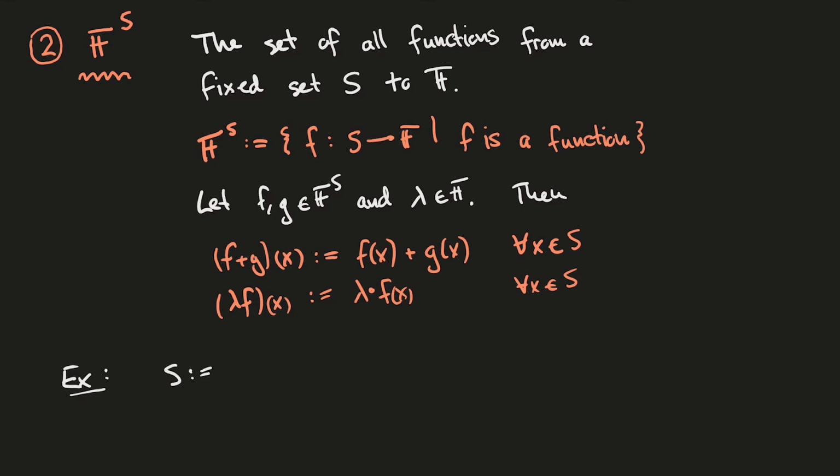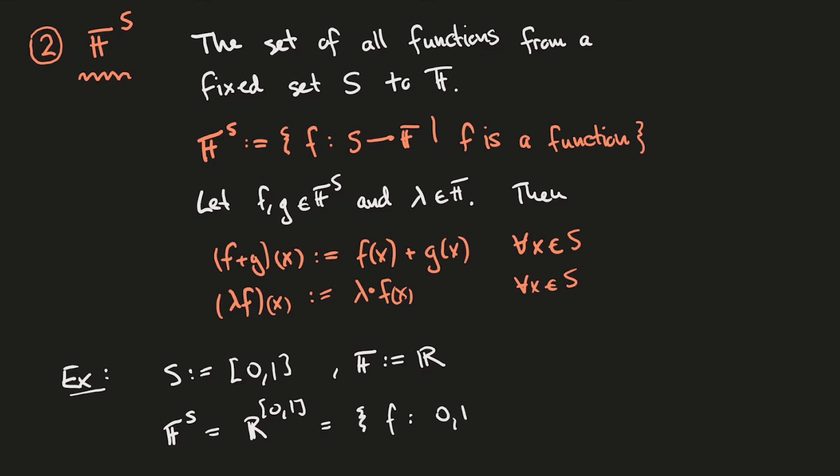To make this all a little more concrete, we can consider the following example. We set S to be the interval [0, 1], and we set F to be the real line. So in this case, F^S is equal to R^[0,1], and this is just the set of all functions going from the closed interval [0, 1] to the real line.